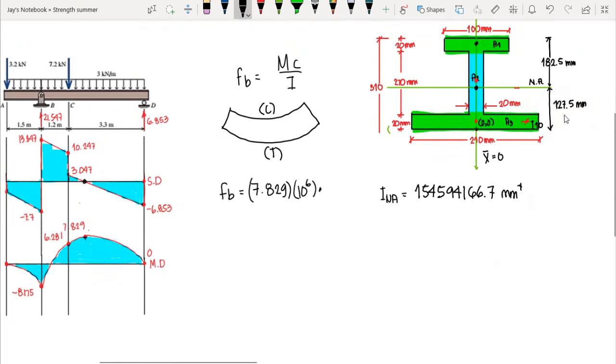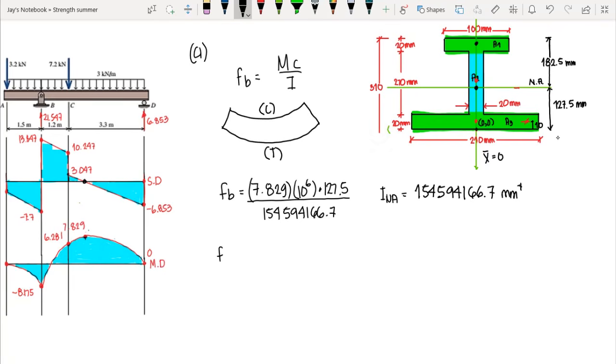So we have 127.5 millimeter over the moment of inertia for this entire beam, that is 154,594,166.7. Again, this is letter A of our question.